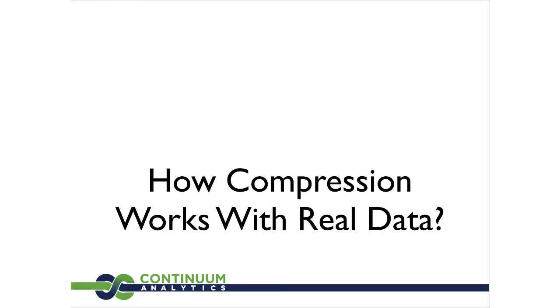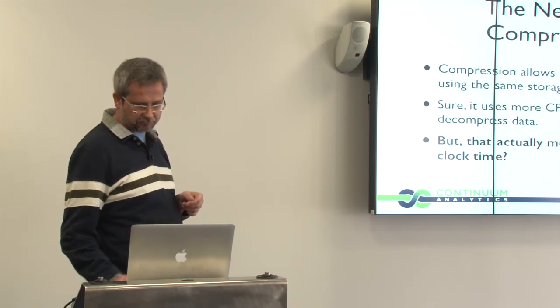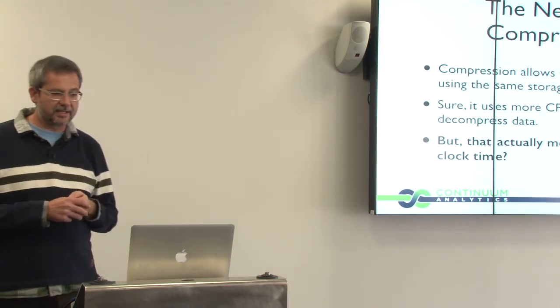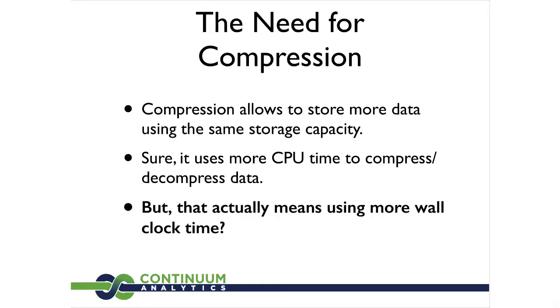And then the second question is, how does that work in real life? So let me show you an example of that. Compression, of course, allows us to store more data using the same storage capacity, but it uses more CPU time to compress and decompress data.